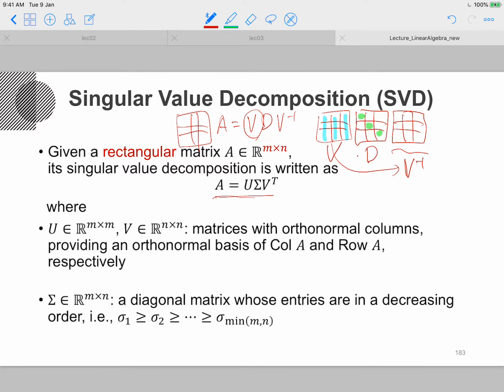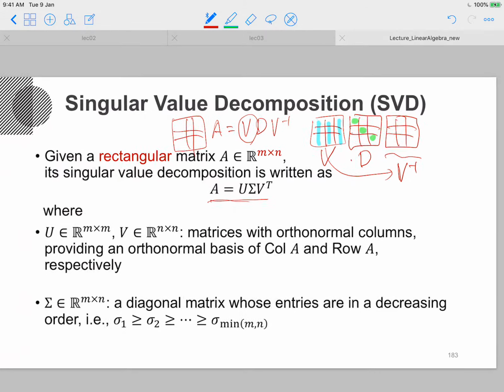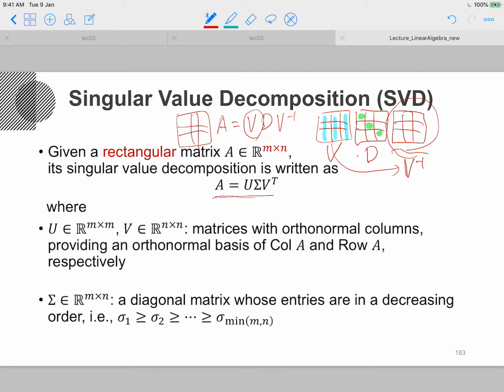But intuitively, in this singular value decomposition, this V inverse is not a subsequent matrix obtained from the first one. It is its own matrix. So we have U and sigma and V transpose, and U and V transpose can be totally different matrices.